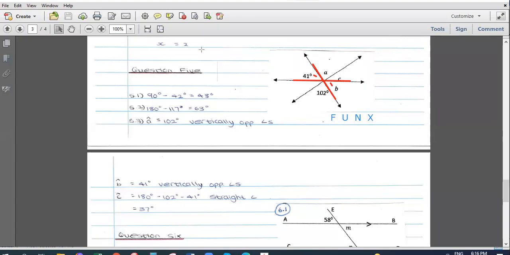Now we're looking at angle C. Angle C is here.